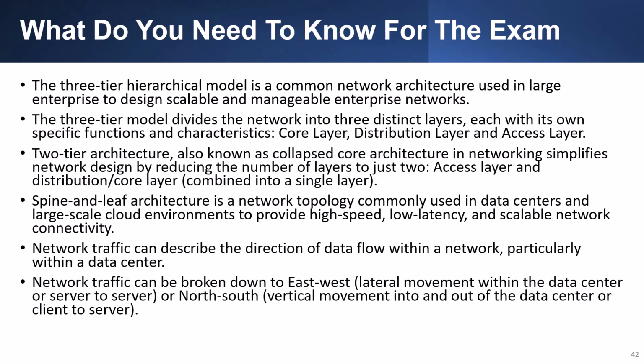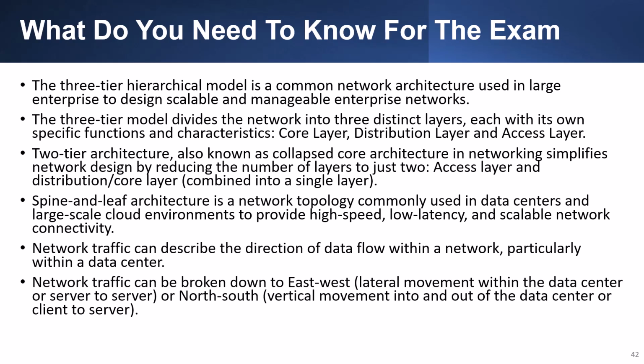Two-tier architecture, also known as collapsed core architecture in networking, simplifies the network design by reducing the number of layers to just two: access layer and distribution/core layer, which is combined into a single layer. Spine and leaf architecture is a network topology commonly used in data centers in large-scale cloud environments to provide high-speed, low-latency, and scalable network connectivity.